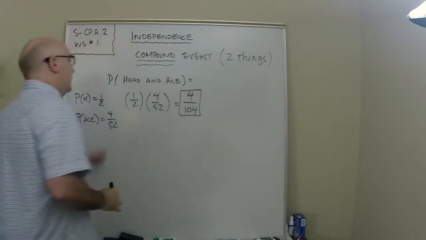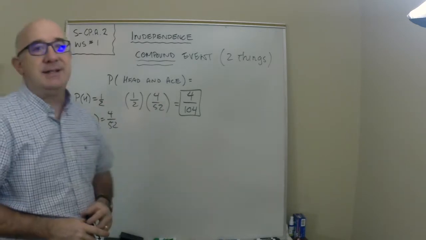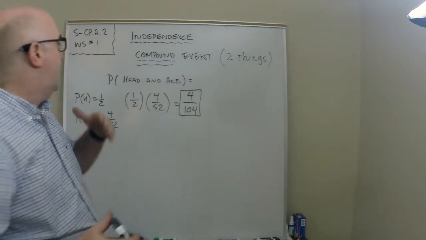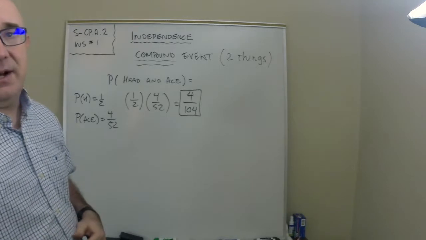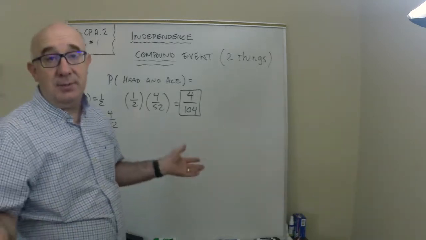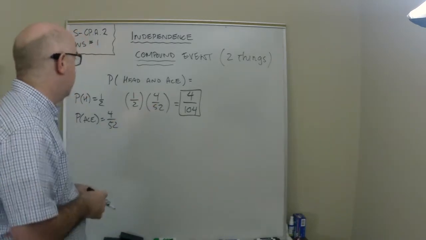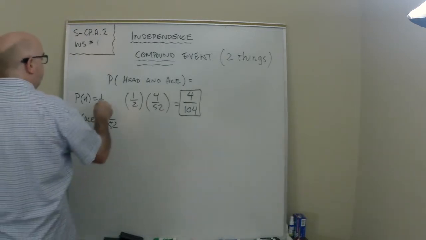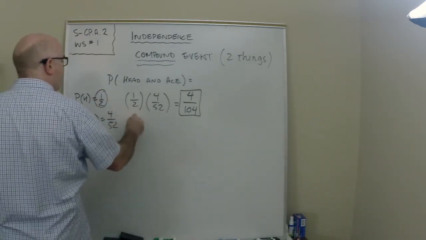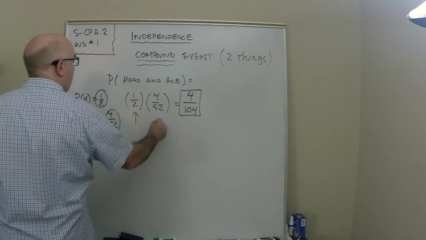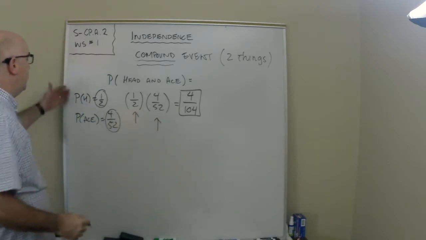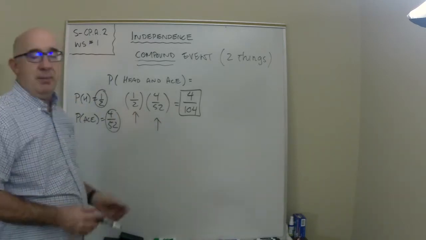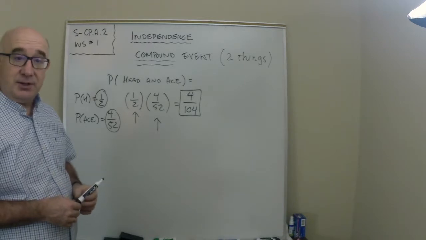So I guess the first thing I need you to understand is when you're doing an AND statement, the intersection of those that have heads and those that are aces, it's just simply the multiplication of those two things. Now I want you to notice that the original probabilities are the same probabilities that calculate that intersection.